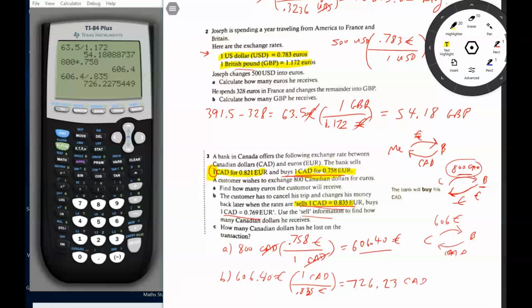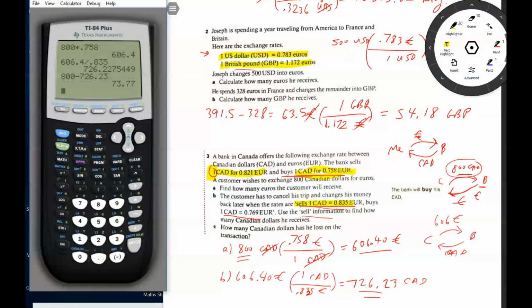And how many Canadian dollars has he lost on the transaction? He started out with 800, and then he ends up with 726.23. So if we want to know how much he lost, we could just calculate it here. 800 minus 726.23.